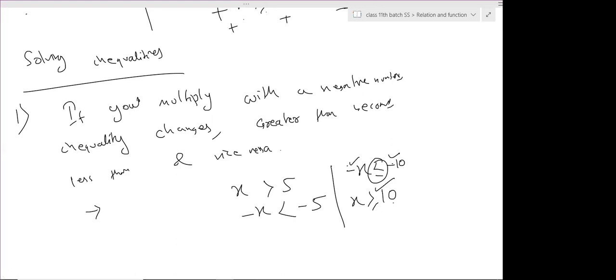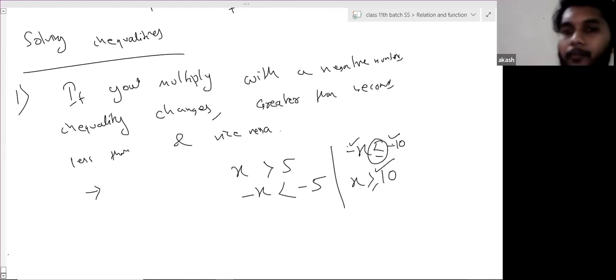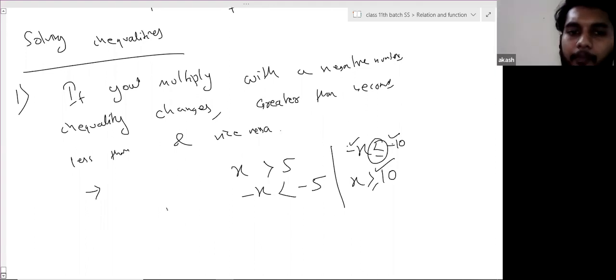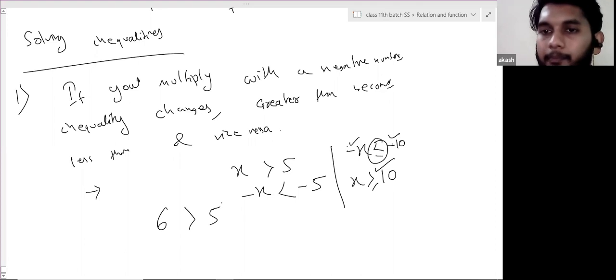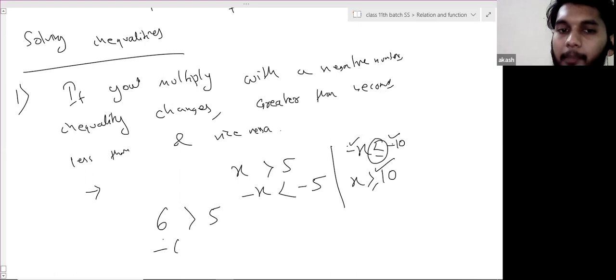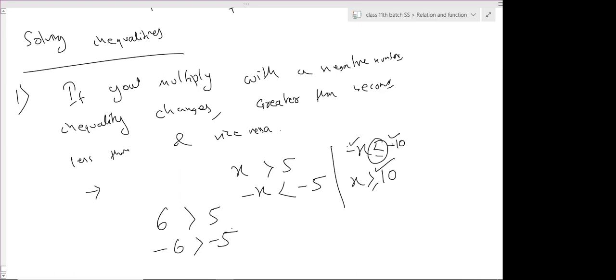Sir, what's the logic behind this change of sign? All right, just think about this. If I write 6 is greater than 5, is this true or not? Yes. If I multiply by a negative sign, then minus 6 is greater than minus 5. Is this true or not? No, no. Okay, sir.